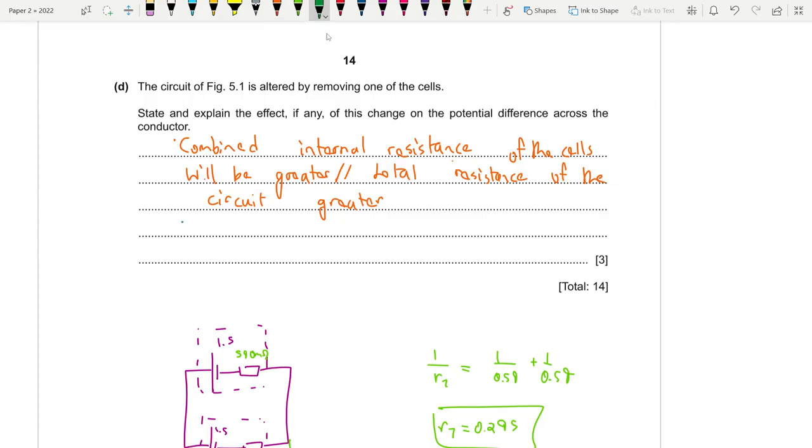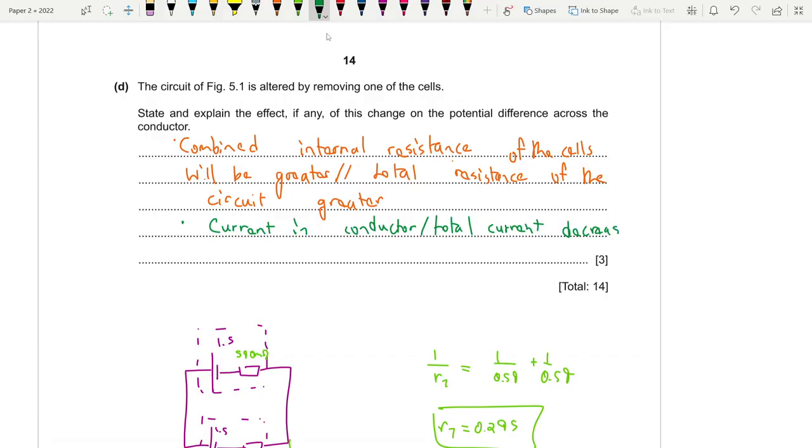Now, what do we have? There will be more lost volts, right? Or internal resistance takes up a greater share of the total EMF. Or the total current decreases. I would write that personally. This is the last line. You could say that the current in the conductor or total current decreases.